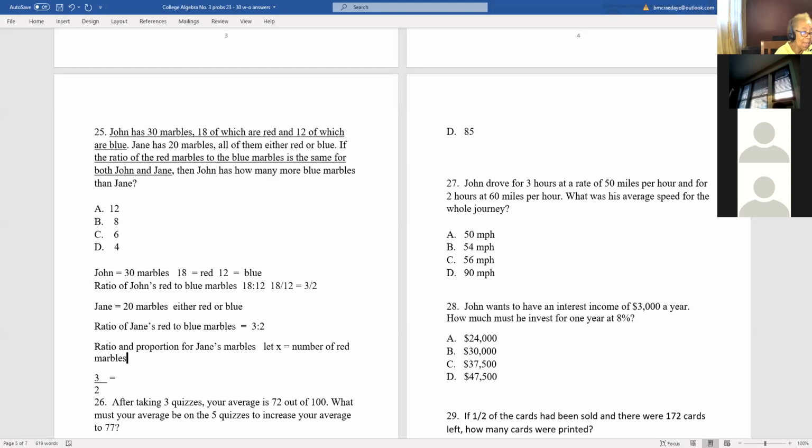Then 20 minus X would be the number of blue marbles, right? Yes. We have an unknown here because they gave us the total for Jane, but we don't know how many red and how many blue.